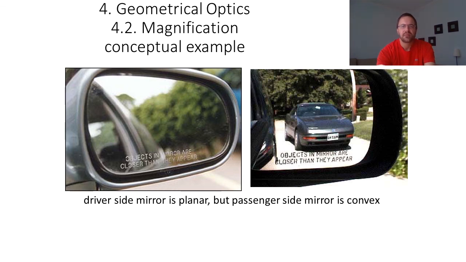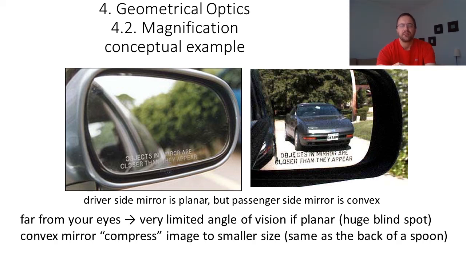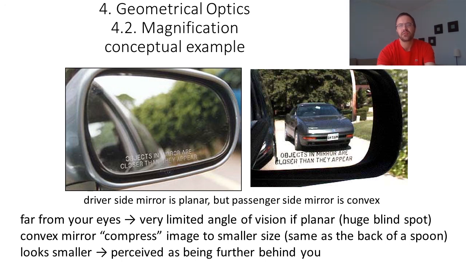The reason is that the driver is quite far from the passenger side mirror, and so the view is quite narrow. Using a convex mirror, we can get a wider view. But at the same time, because it's a wider view, it also makes the image smaller. And so the objects look smaller, and we believe that they are far. But in fact, they are closer than you think.